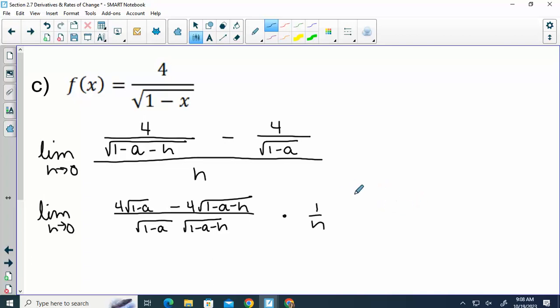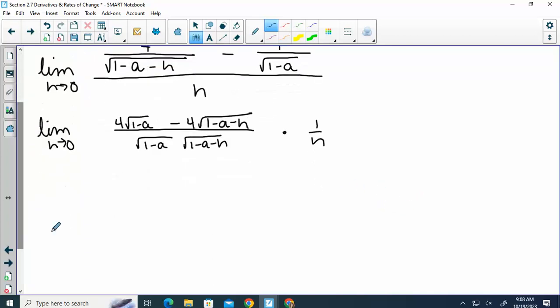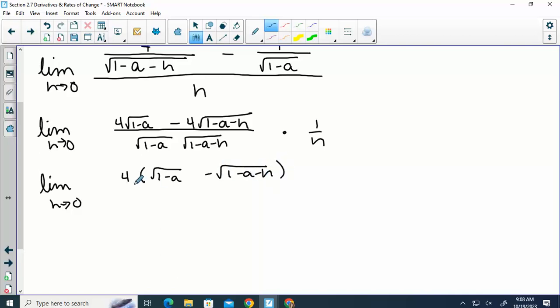So, we really just have one big fraction. I'm going to pull out this 4. You don't have to, but I just want to make it a touch easier. I still can't plug in.